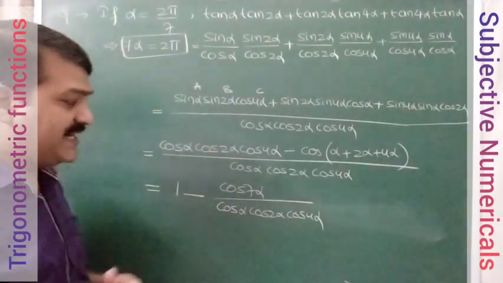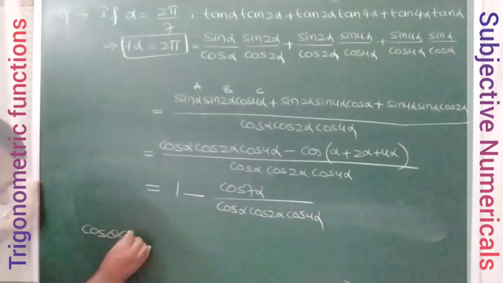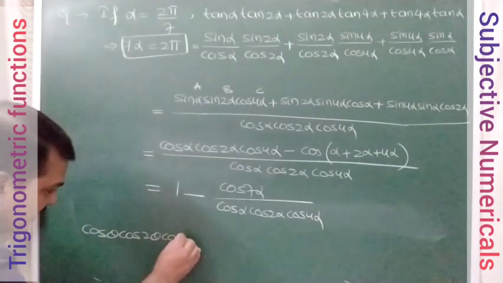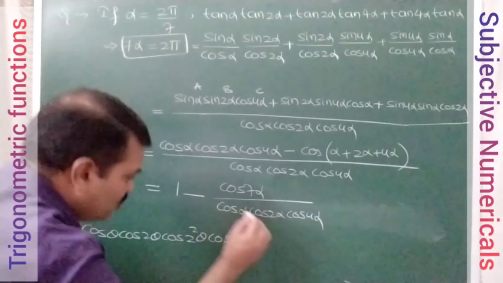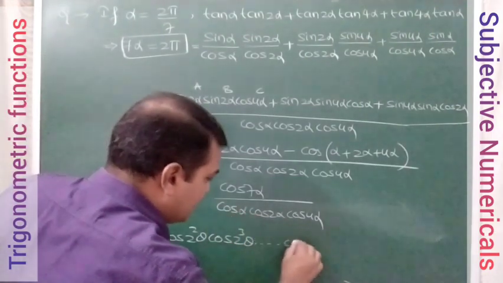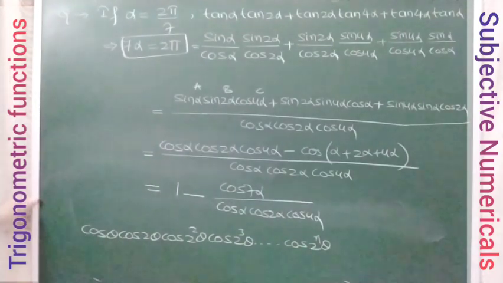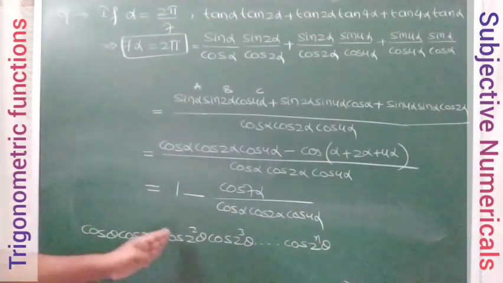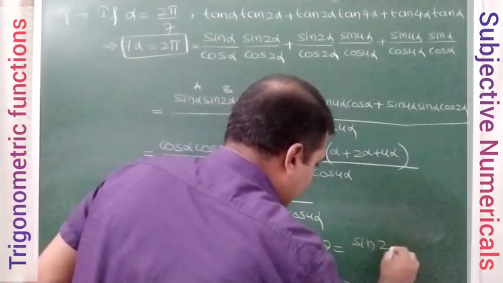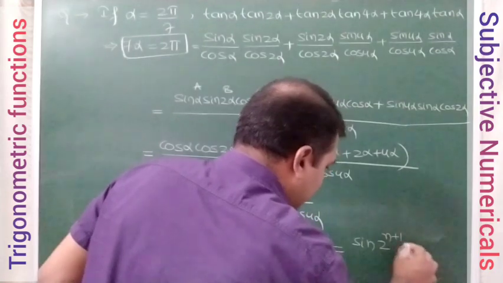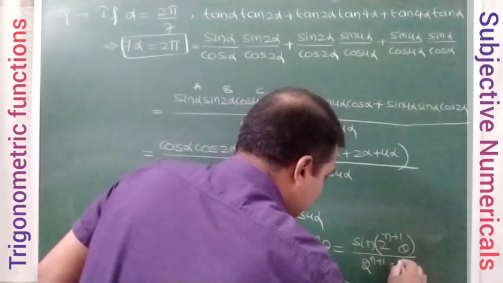So this denominator is in the model of, I am going to write the formula, cos theta, cos 2 theta, cos 2 square theta, cos 2 cube theta, and so on, cos 2 power n theta. So if we have a product of cos function terms in this model, the formula for this is sine of 2 power n plus 1 theta by 2 power n plus 1 sine theta.